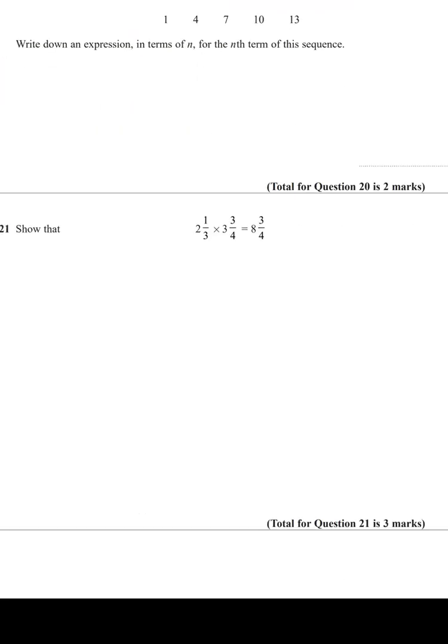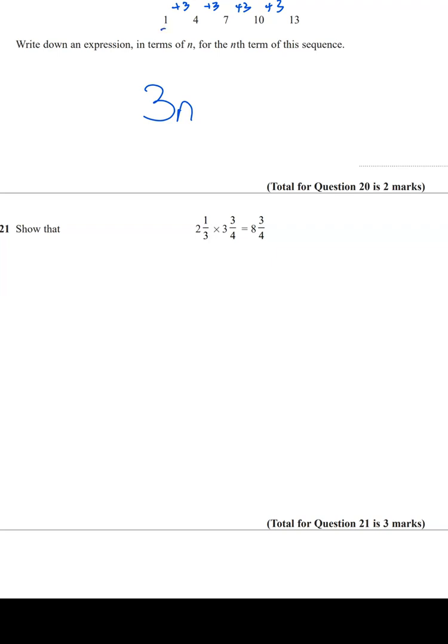Let's keep going. The first 5 terms of an arithmetic sequence. Right, write down an expression in terms of n for the sequence. Right, so look at what it's going up in each time. Each time plus 3. It's just going up by the same amount each time, which is kind of the definition of arithmetic, which means something to do with the 3 times table.